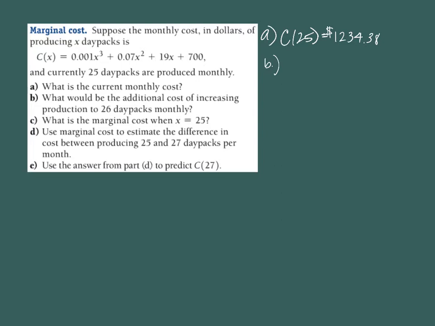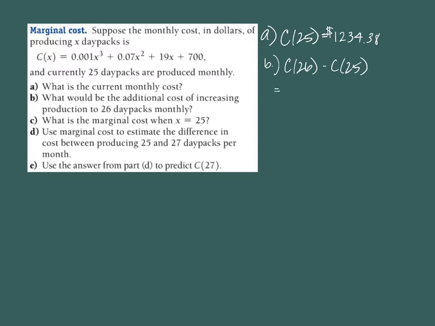Part B says what would be the additional cost of increasing production to 26 day packs monthly. So this is the additional cost of making 26. So that would be cost at 26 minus the cost at 25.